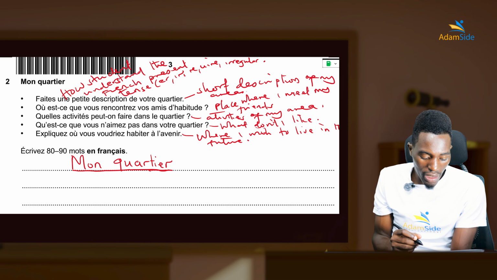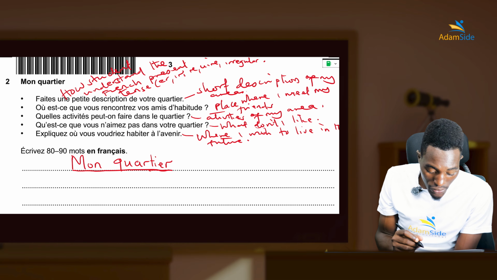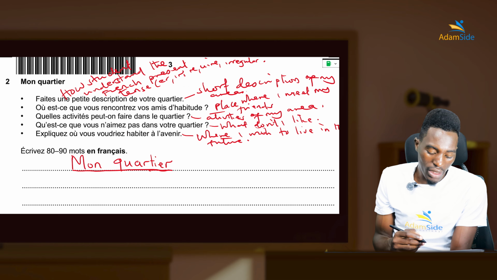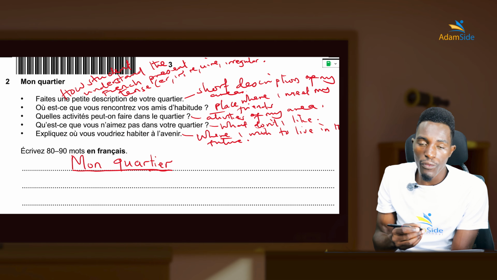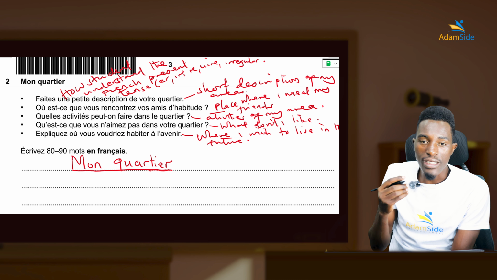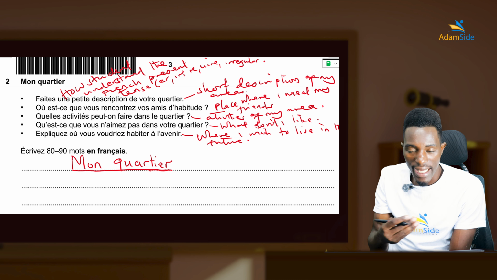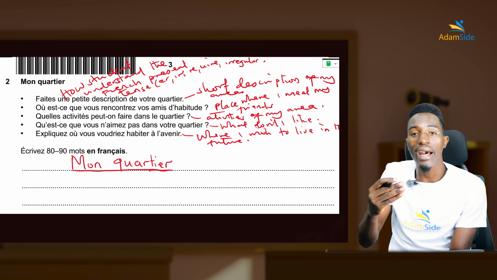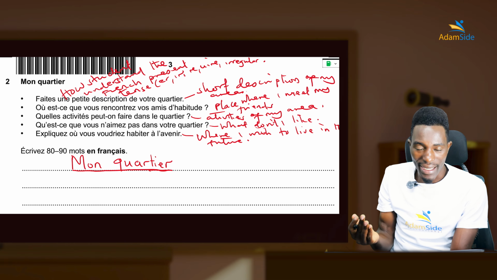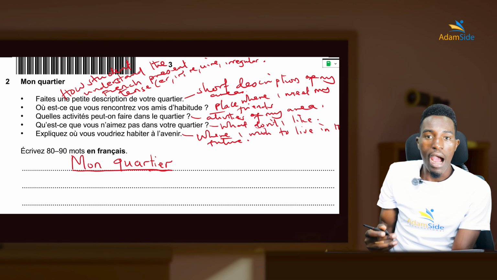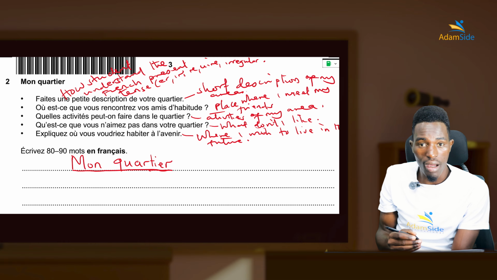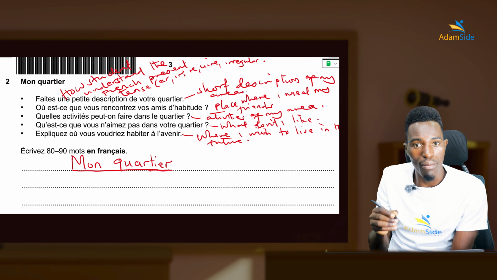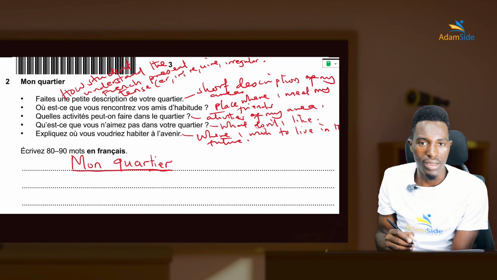So la question c'est mon quartier. Faites une petite description de votre quartier. Voilà. What I have to do here is describe my area, give the characteristics of my area. But before expressing that, I have to start writing my introduction before I go to the questions.